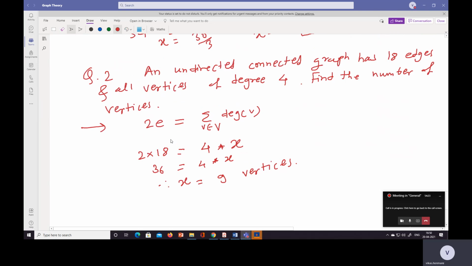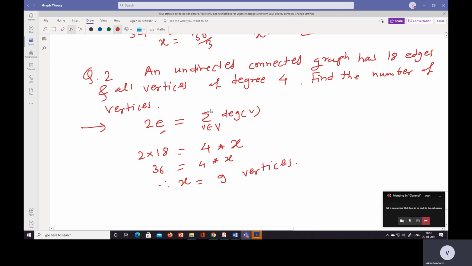Again I'll just repeat this question. An undirected connected graph has 18 edges, that means e is given, and all vertices of degree 4. So we assume that x number of vertices are there. So 4 into x. How have we taken 4 into x?